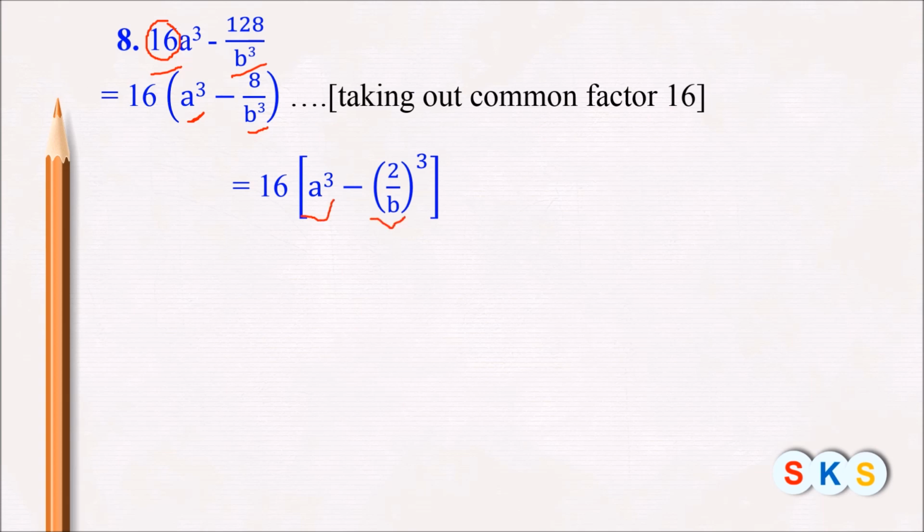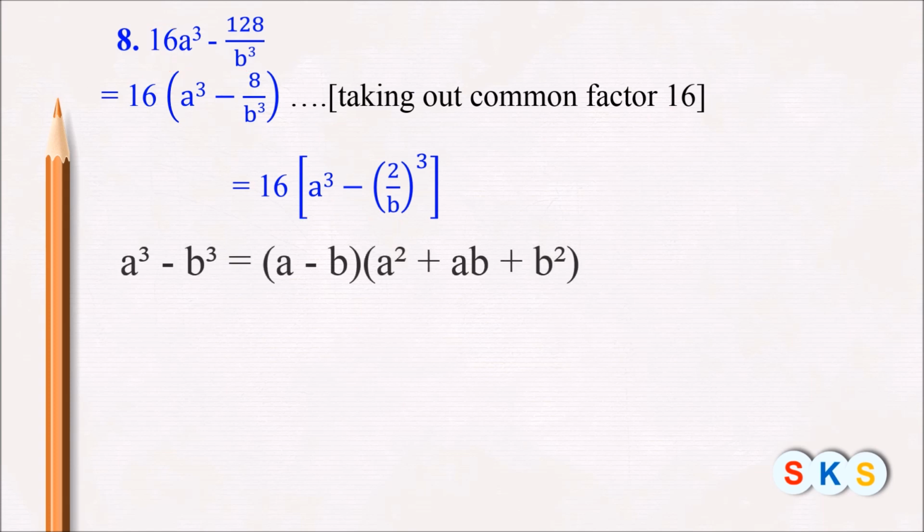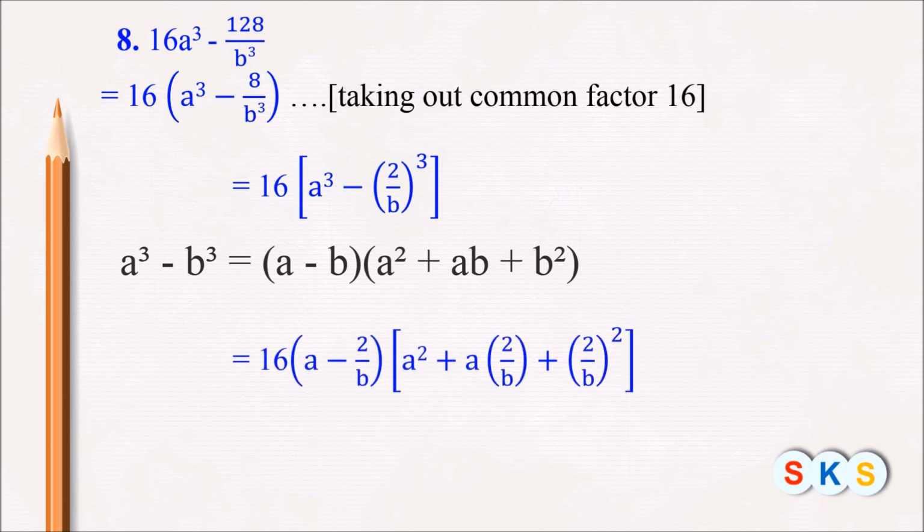Now we will use the formula: a raised to 3 minus b raised to 3 equals a minus b into a square plus ab plus b square. Now we will substitute the values of a and b. What is the value of a over here? It's a, and the value of b is 2 upon b.